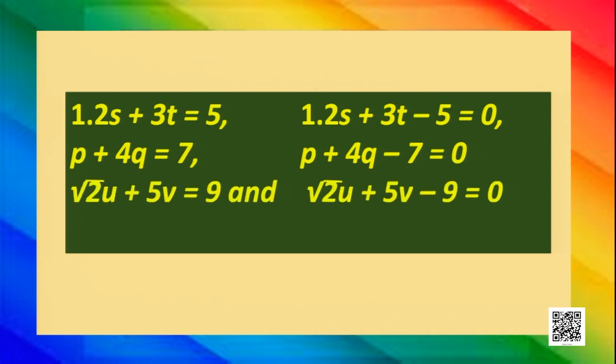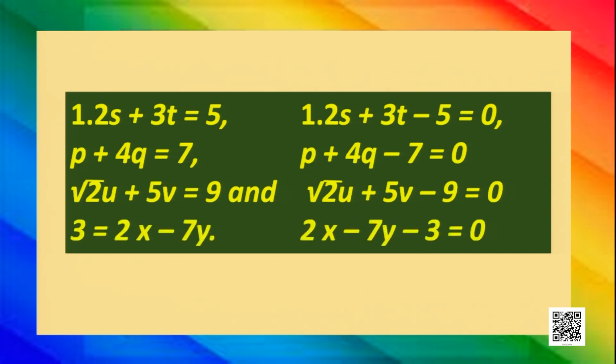In root 2u plus 5v equal to 9, this can be represented by root 2u plus 5v minus 9 equal to 0. Here again you consider u in place of x and v in place of y. Then here a is root 2, b is 5 and c is minus 9.